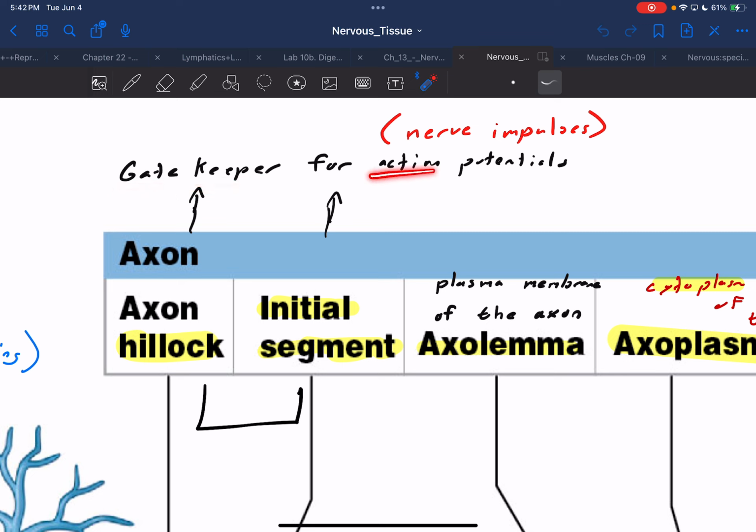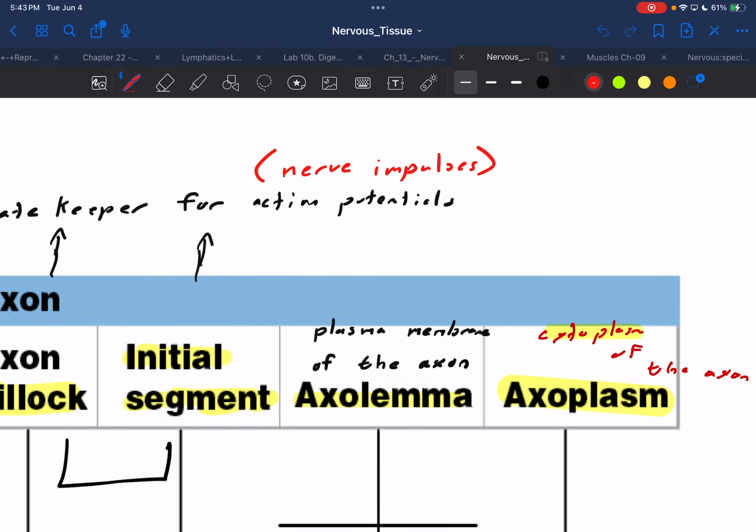And what this word is, action potential, it's nerve impulses, which is a combination of depolarization. And what was the other one? Repolarization. More on this later in the packet.